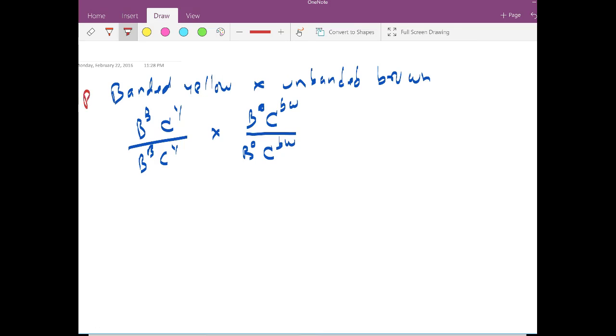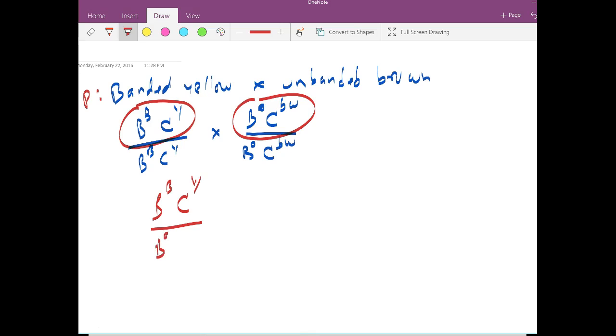So this is the parent generation, and this is just the genotype of the parents. And then we can get this chromosome and this chromosome, and we get this, and we get this.